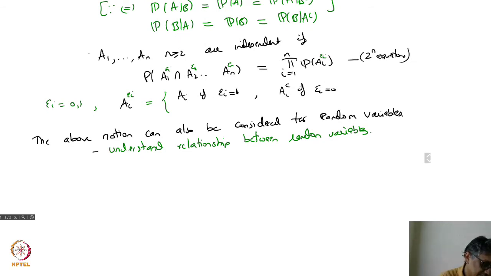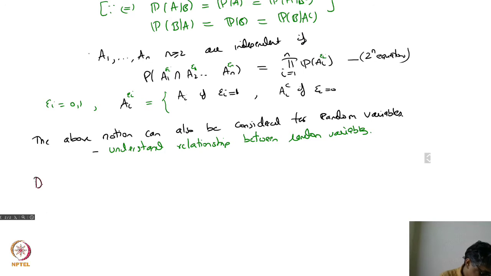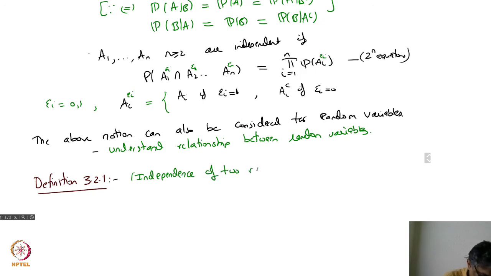So here's the first definition that I will write down, Definition 3.2.1. This is called independence of two random variables.